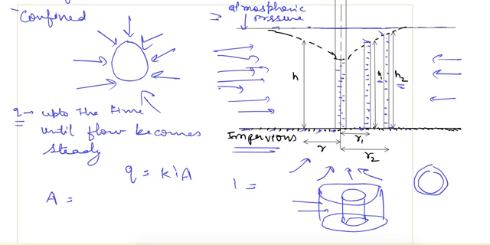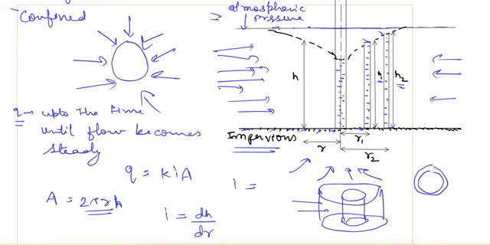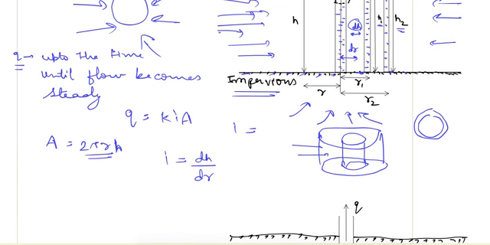Surface of the cylinder is 2 pi rh. So if h is the thickness, then area of flow can be given as 2 pi rh, and i can be given as, for a distance of dr, a head difference of dh. That means dh amount of head difference is there for a distance of dr from the well. So the hydraulic gradient is the head upon the length of flow, so we can say it is dh upon dr.